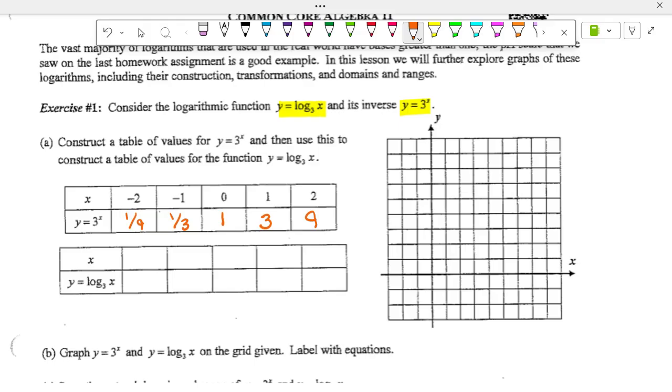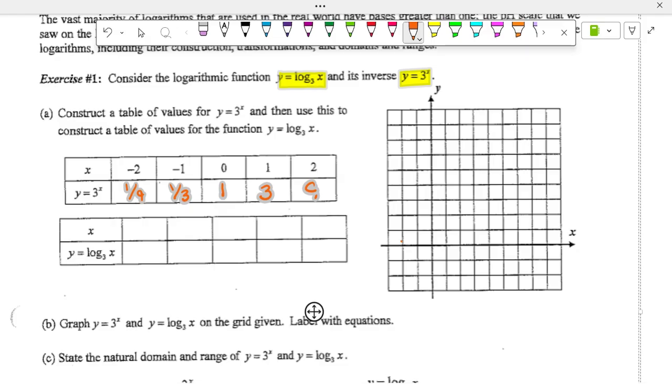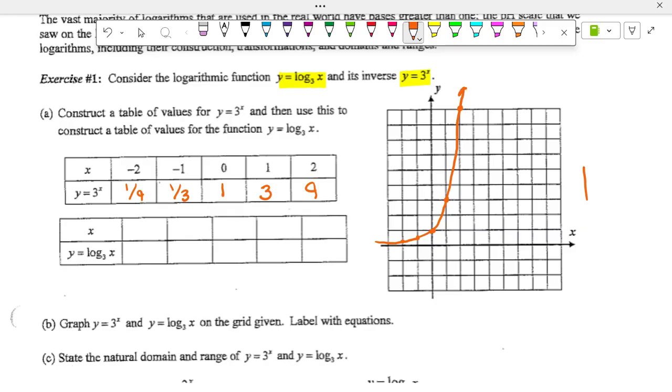Now we're going to take a minute and graph that function. So I have negative 2, 1/9, negative 1, 1/3, 0, 1, 1, 3, 2, 9. So the exponential looks like this. What do you guys think my horizontal asymptote is?